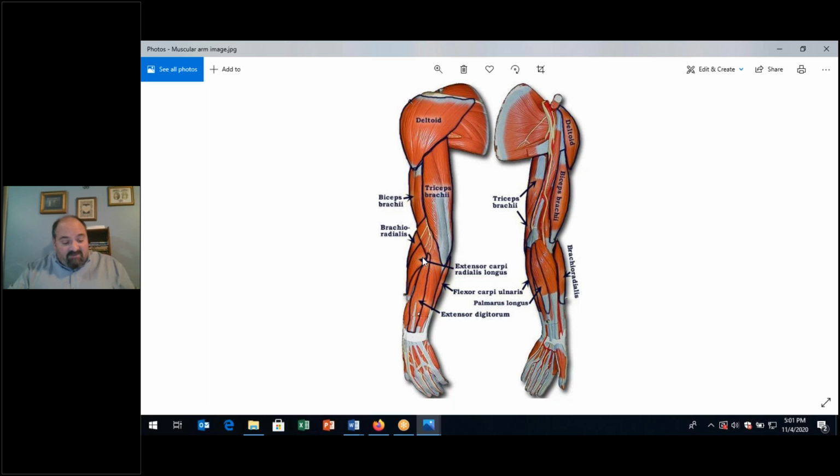So we have extensor carpi radialis longus, and you see it right here. Extensor carpi radialis longus is adjacent to brachioradialis. And then here's extensor carpi radialis brevis, a smaller muscle. Then over here we have 2 muscles for the thumb.